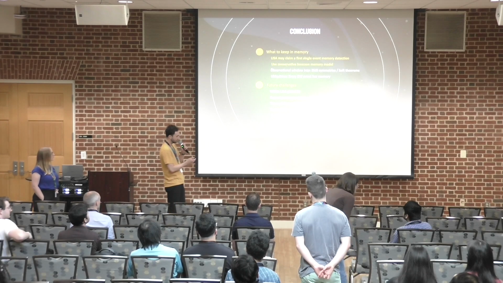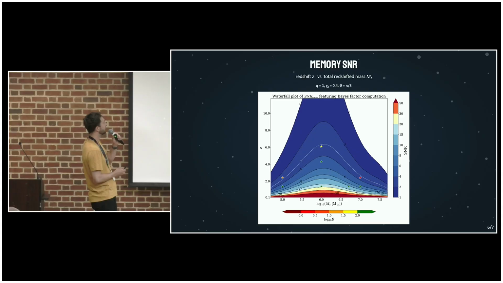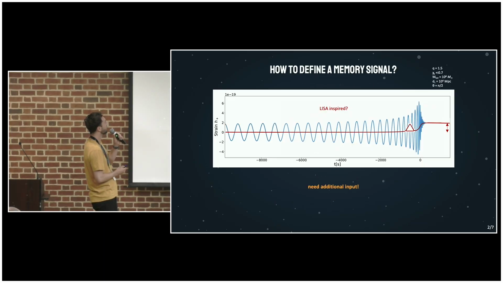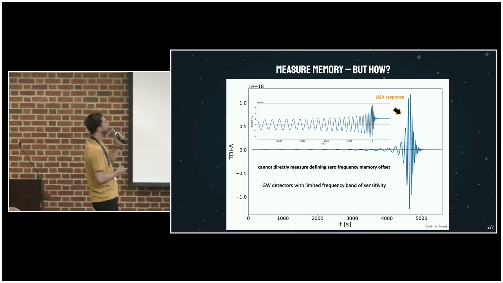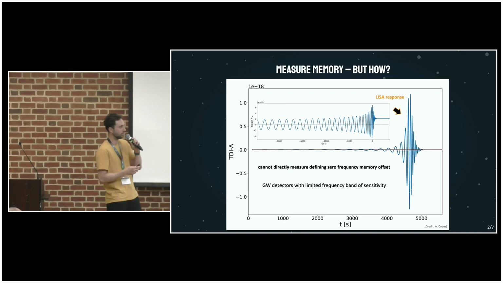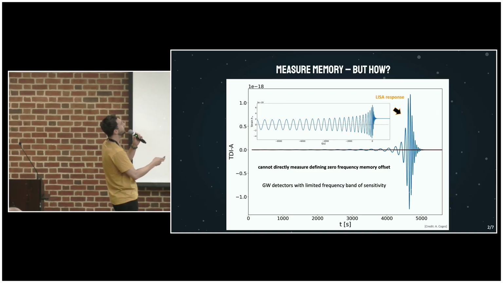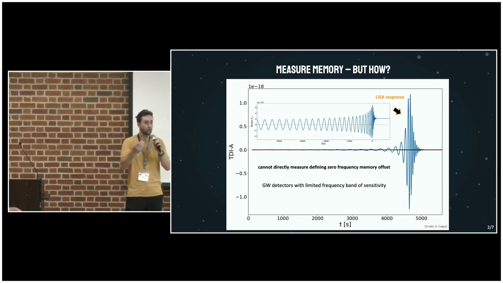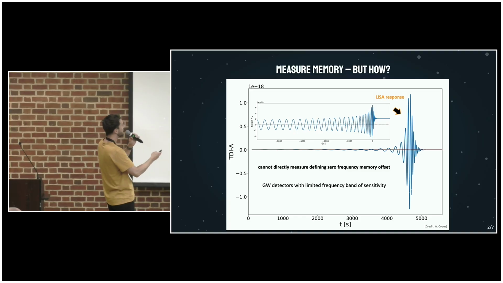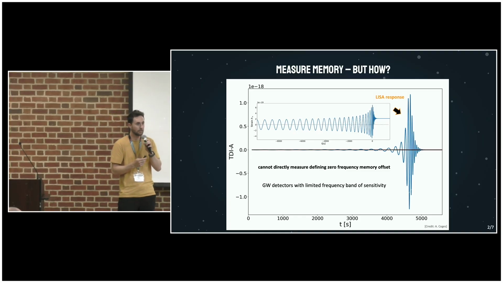So the basic reason is quite simple. The time scale of your signal is really the frequency of your signal, and because it's a permanent offset, if you take the actual limit, it's a zero frequency limit.